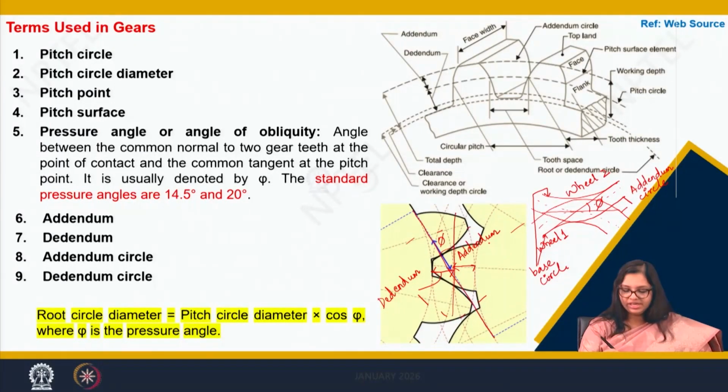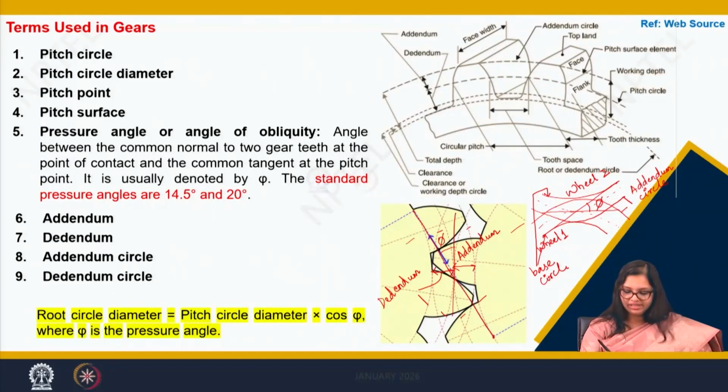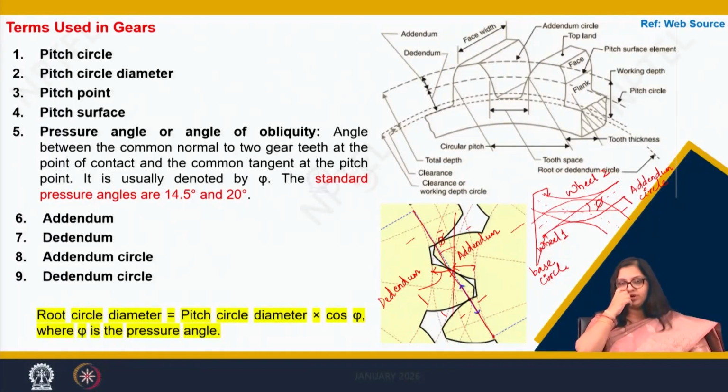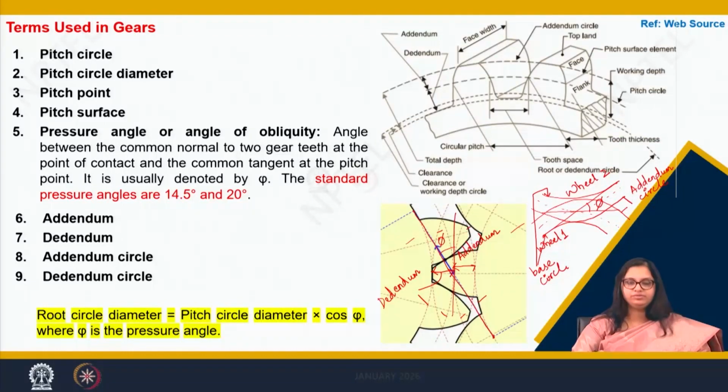Now, you can see it is not exactly starting from this point to this point. They are starting somewhere here and getting disengaged somewhere here. So, it is not the complete tangent length, however, it is a part of it.